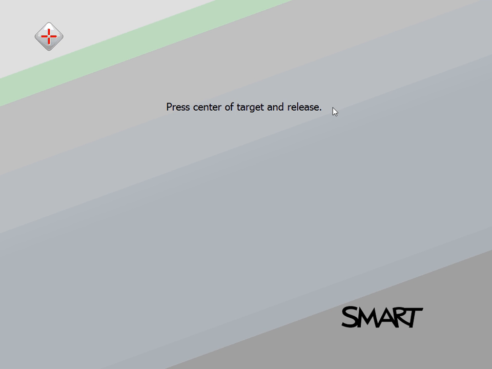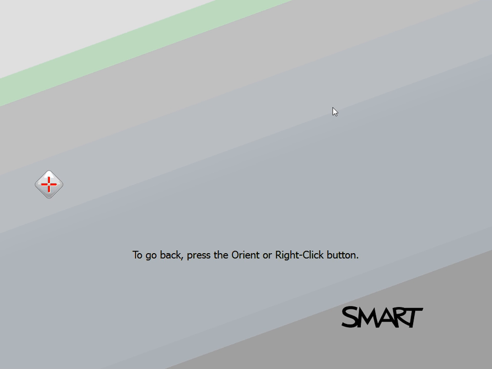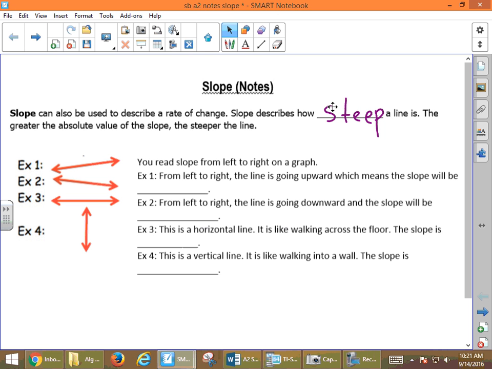So if you look at the slope of a line and its absolute value, the greater the absolute value, the steeper the line. So when we look at this over here, remember that we read a graph from left to right. Just like we read a book, we read a graph from left to right.